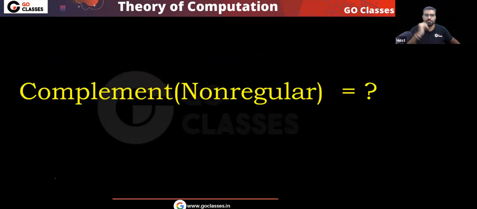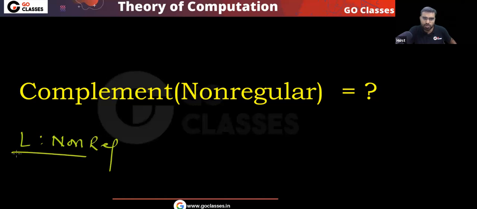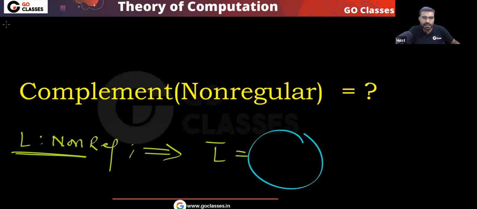Now let's see the first one. What do you think about the complement of a non-regular language? Will it be non-regular, or can it be regular also? If L is a non-regular language, what can you say about L complement?